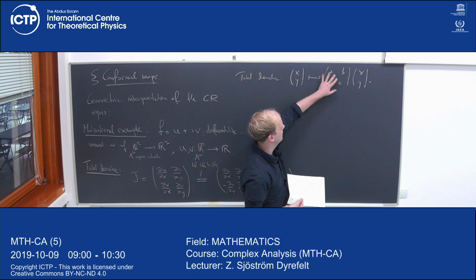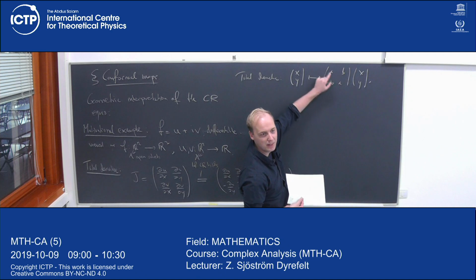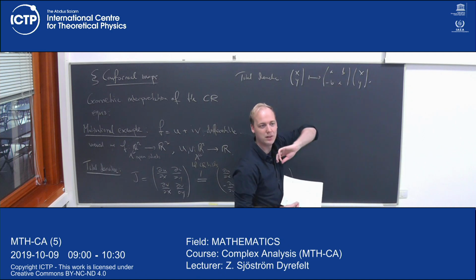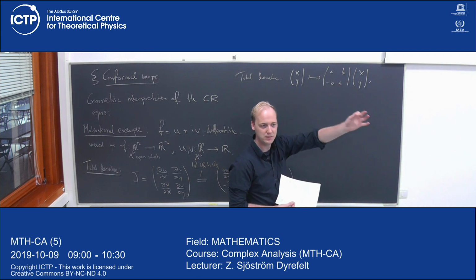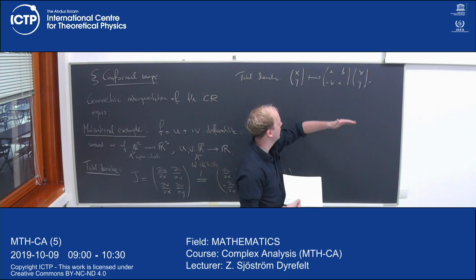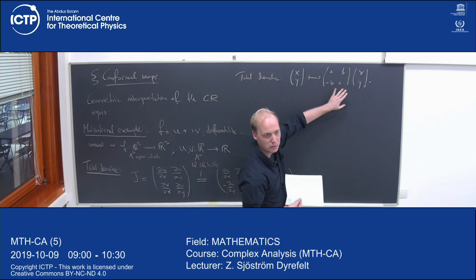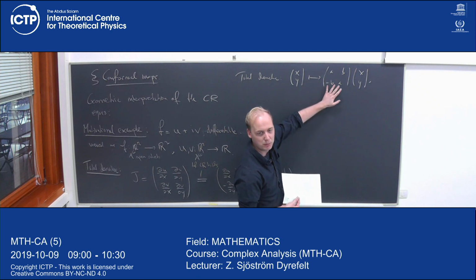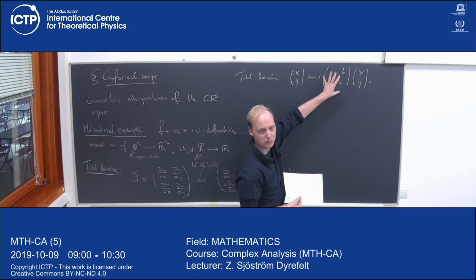First of all, let's say for simplicity that b is 0, then it's just a times the identity matrix, so it's just rescaling. And if a was 0, then it would be minus b, b, and that would be a rotation, exactly. So this kind of matrix is a composition of rotation and scaling.